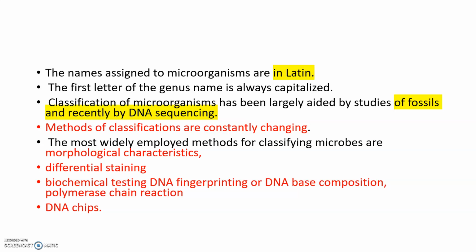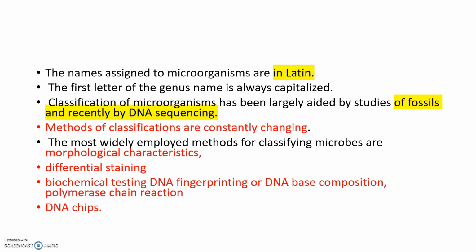The most widely employed methods for classifying these microbes are, first of all, morphological characteristics, that is external appearance. Then differential staining, where while staining we can observe different patterns. Then biochemical testing, that means the different types of biochemical reactions that take place in each microorganism. Based on that, we are classifying microorganisms.